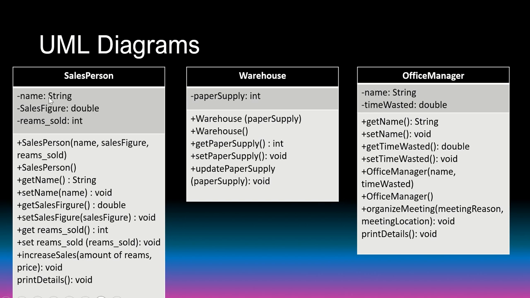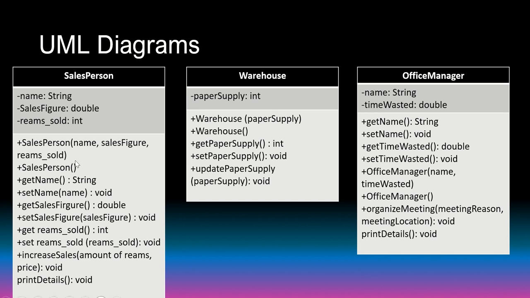So we have these private attributes, meaning that only the methods that are described down here can modify these attributes of our salesperson object.